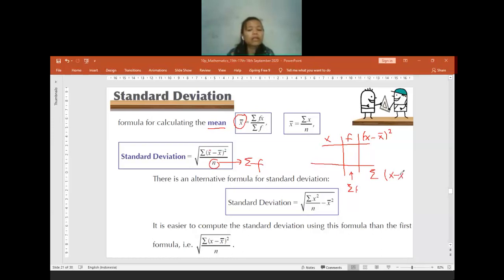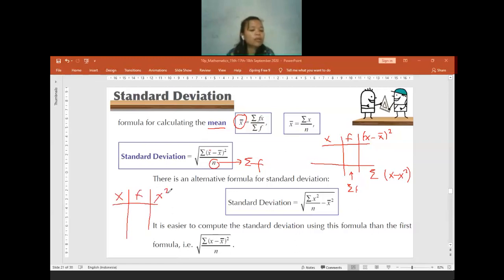So later if you have a table, you have to make an additional column for writing x minus x bar. And if you use the other formula, which is sigma x squared divided by n minus x bar squared, then if you have the x, the value itself, or if it is grouped data, you find the midpoint. You can directly find the value of x squared.